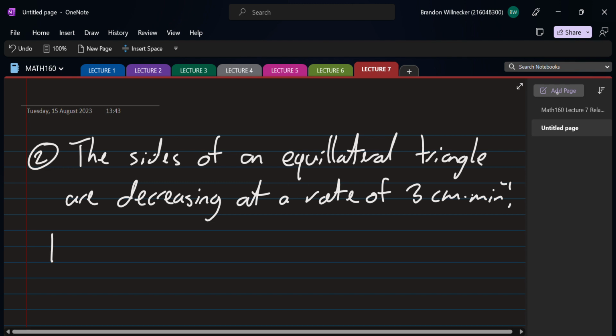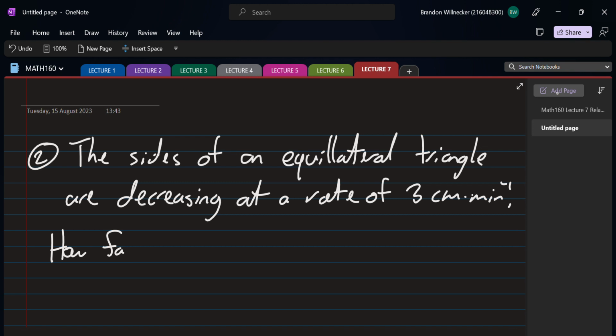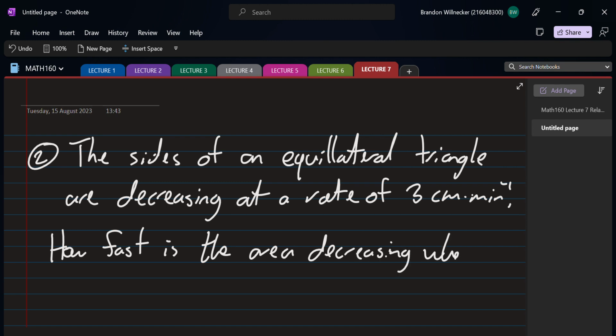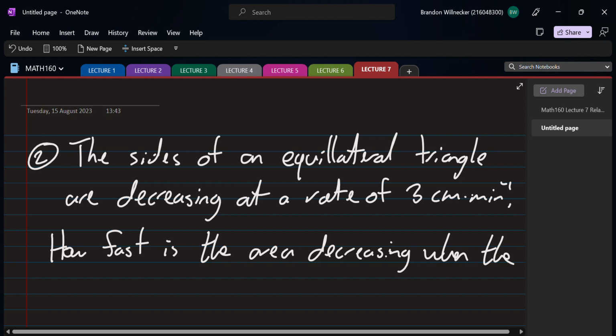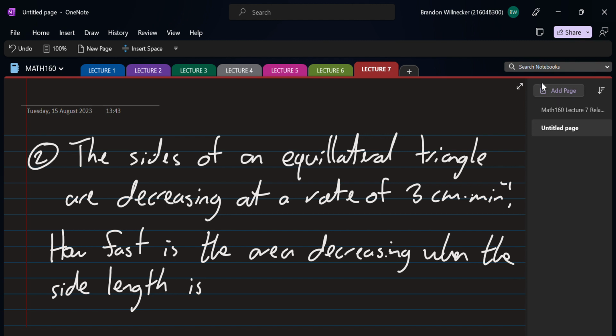Okay, how fast is the area decreasing when the side length is 10 centimeters?